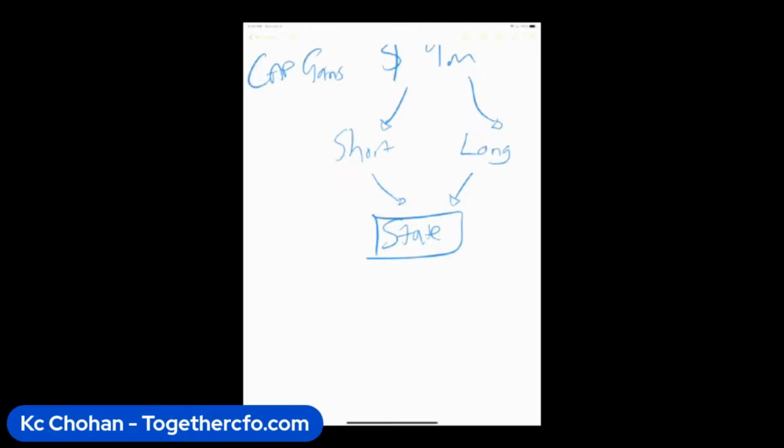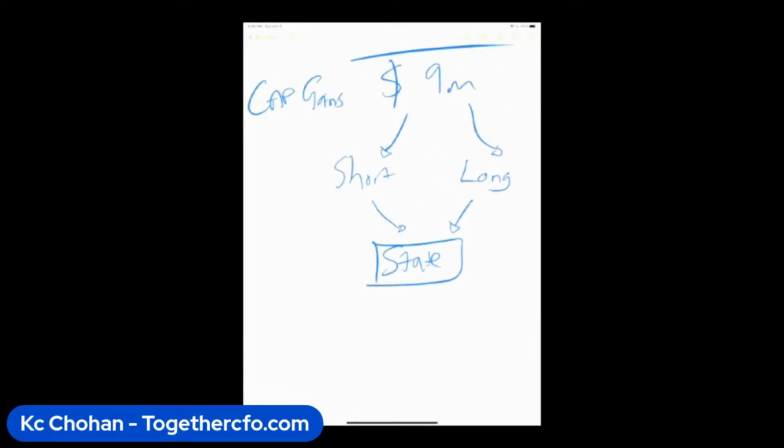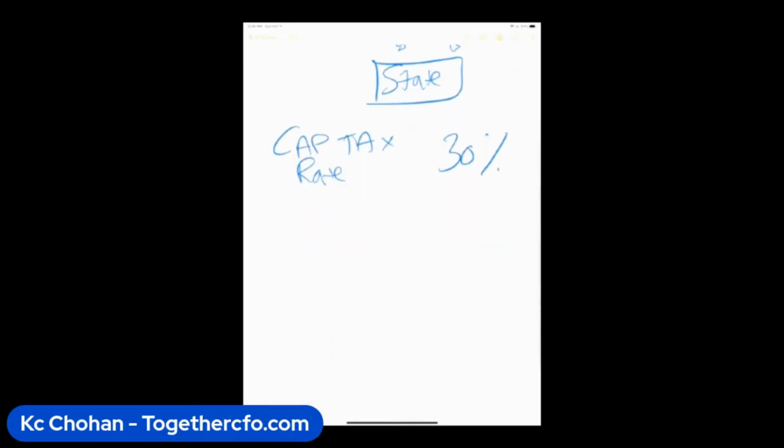So flicking back to the screen here, we can see that there's multiple different factors. If we just use some simple math, just so we can have an example, let's use 30% as the cap gains tax rate, and this will be different everywhere. This is including state and federal together. So that would mean $9 million times 30%.